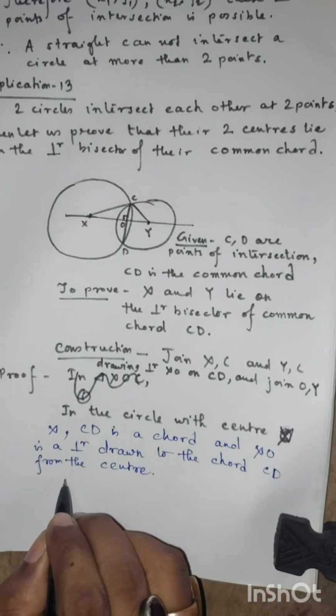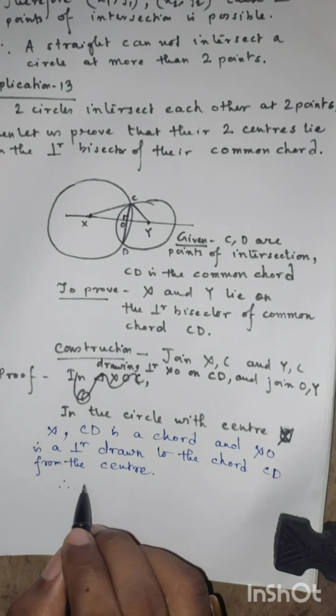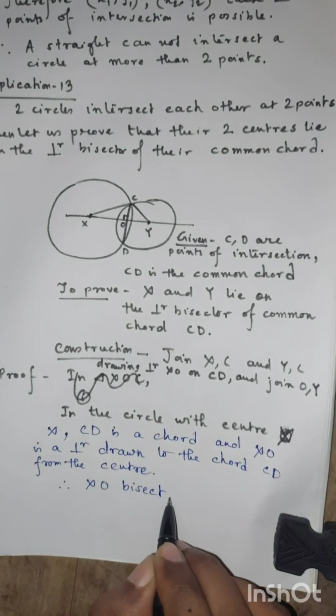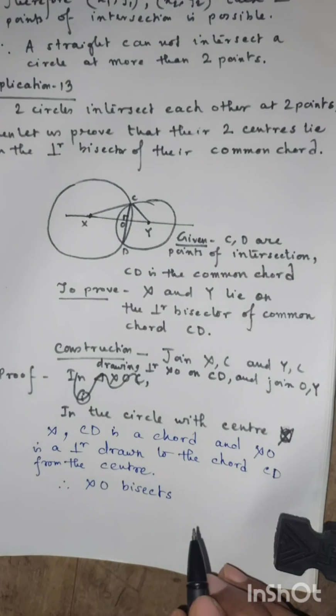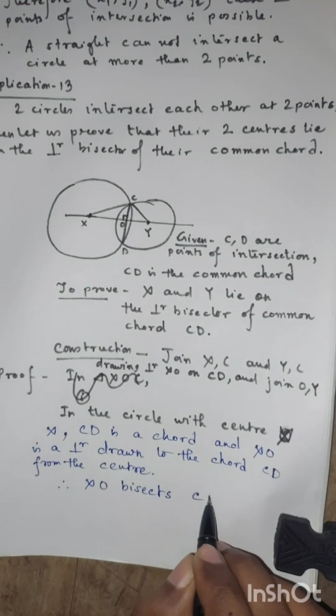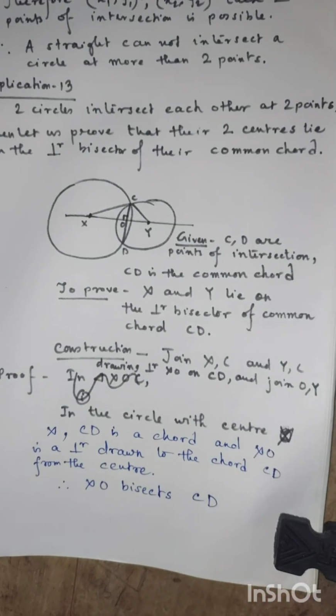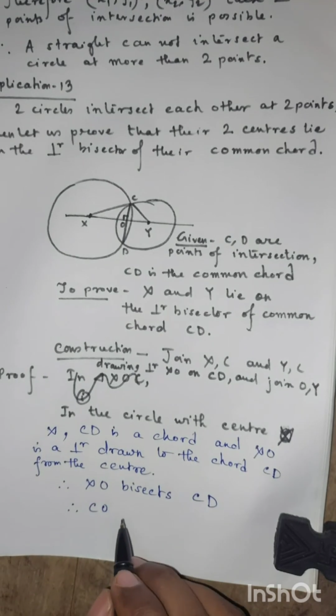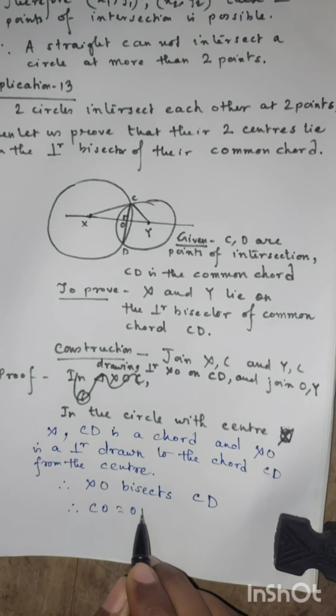Therefore, XO bisects CD. Therefore, CO equal to OD.